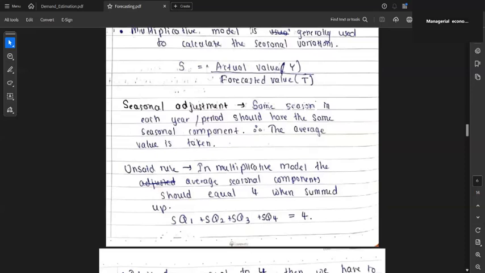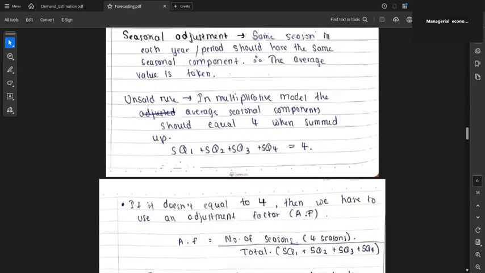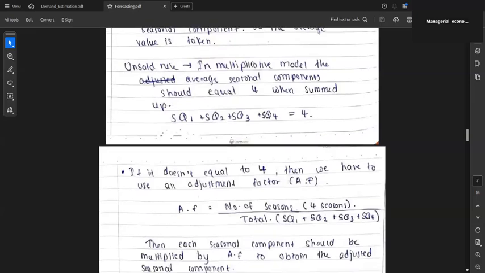There's also something called an unsaid rule if you're using a multiplicative model. The sum of all of these seasonal components, of all the seasons, should equal 4. So we're going to check if it's equal to 4.